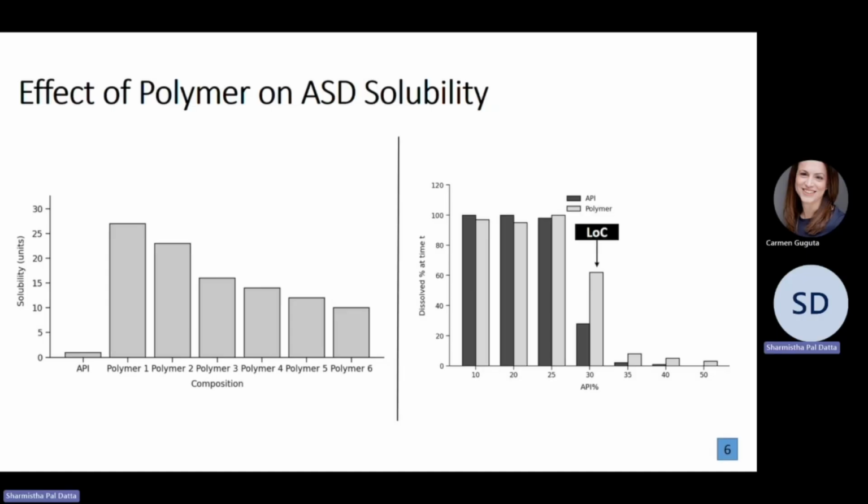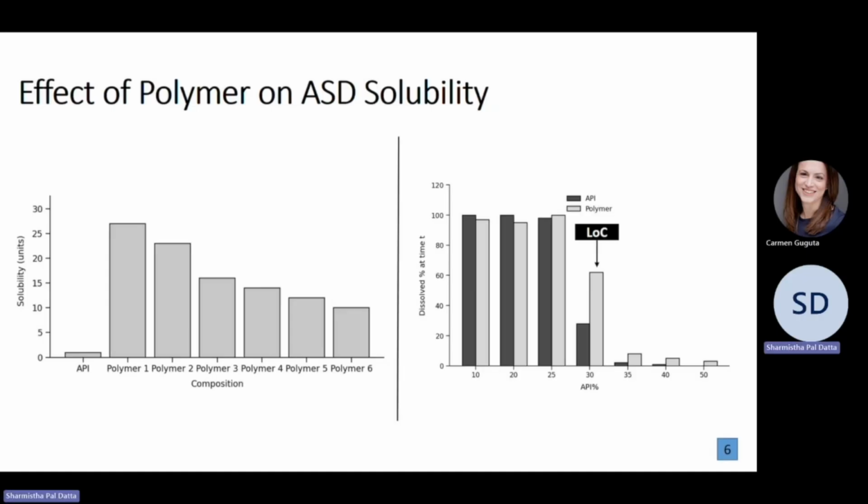So this actually helps in identifying which polymer may be more suitable to obtain the supersaturation or the higher solubility that we are looking for. Now, even for the same polymer, the solubility effects can be impacted by the percentage of that polymer in ratio to the API present in the amorphous solid dispersion, or ASD.